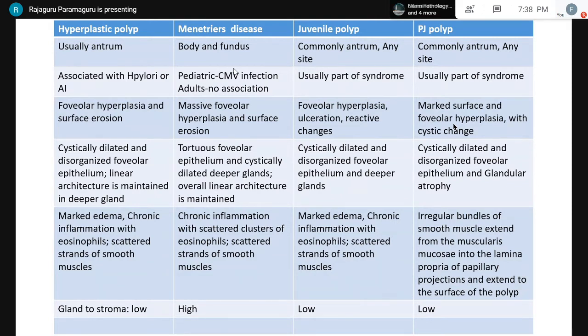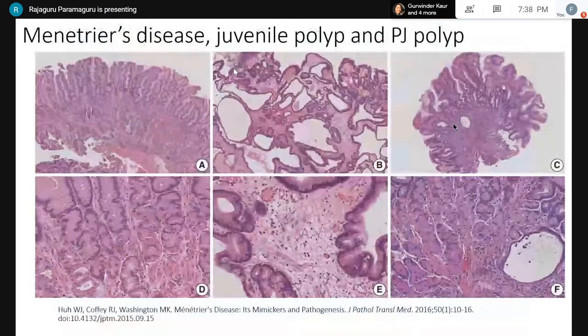Usually they involve the body and the fundus, and they diffusely involve that area, and they spare the antrum, but certain cases might show a polypoidal appearance in a localized way. So it might cause confusion for the clinicians whether it's a polyp or not. But here I'll show you the histological image.